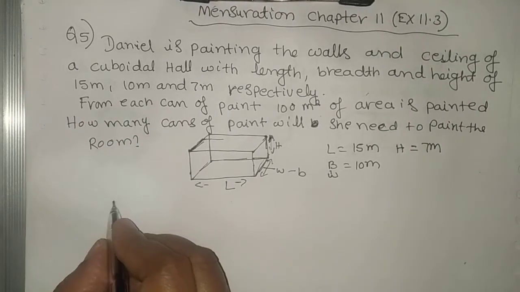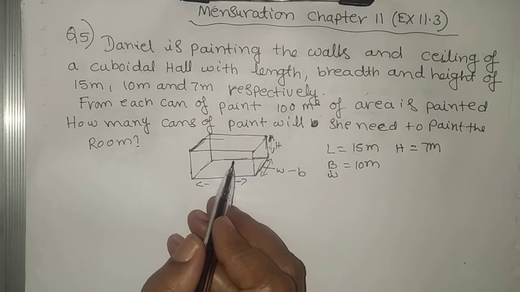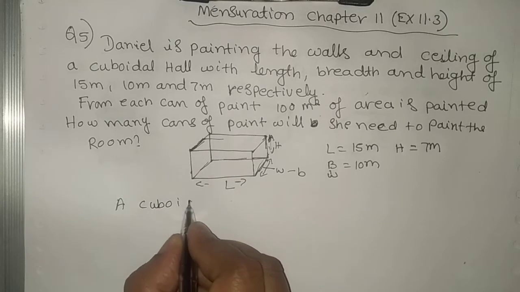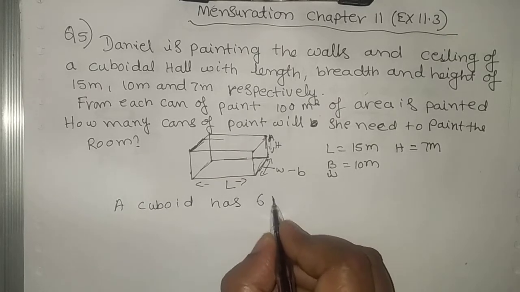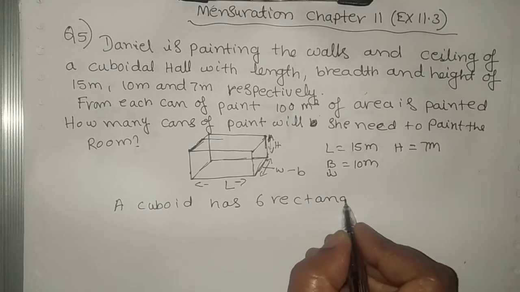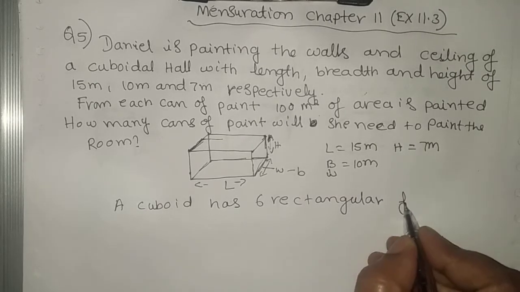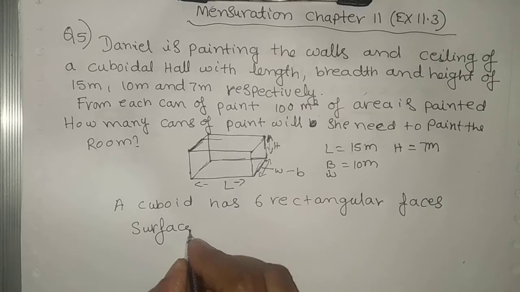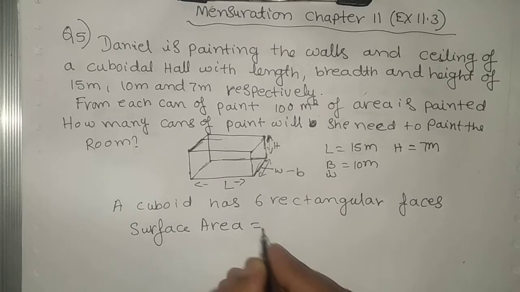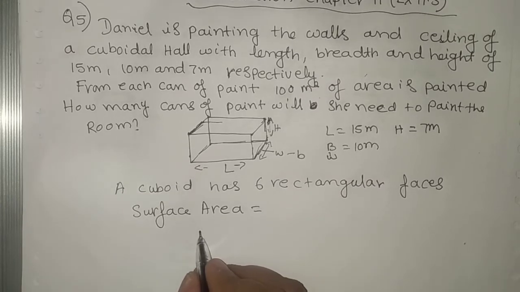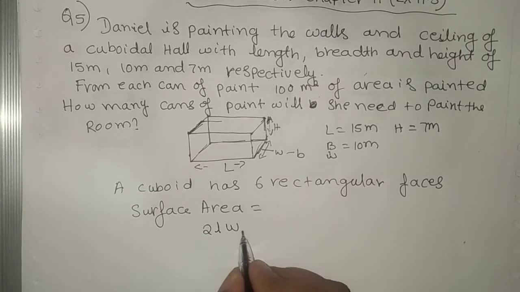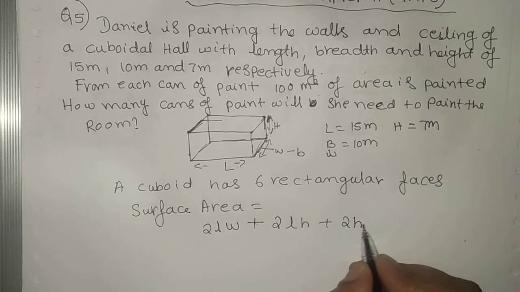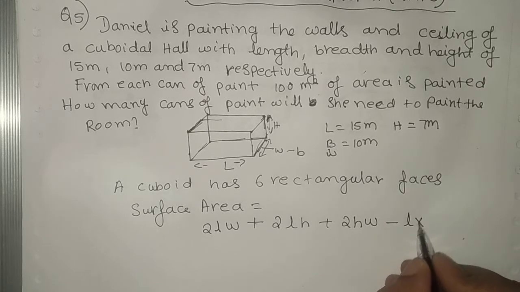A cuboid has 6 rectangular faces. Therefore surface area is calculated using the formula: 2 into length into width plus 2 into length into height plus 2 into height into width, minus length into breadth.